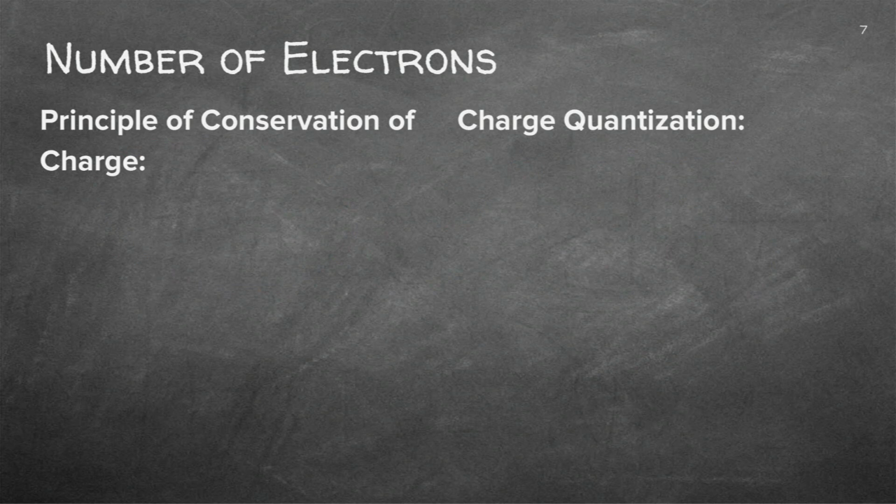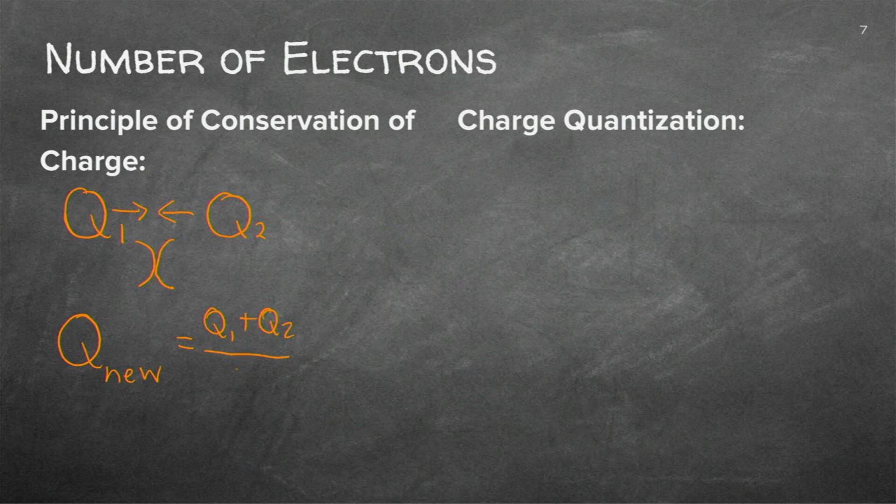Now, there is a principle that we've done in grade 10 that I just quickly want to remind you of. When I work out the charges, if Q1 and Q2 touch each other, you can calculate the new charges by adding those two together and dividing by 2. They will have equal charges after touching each other because they want to neutralize.